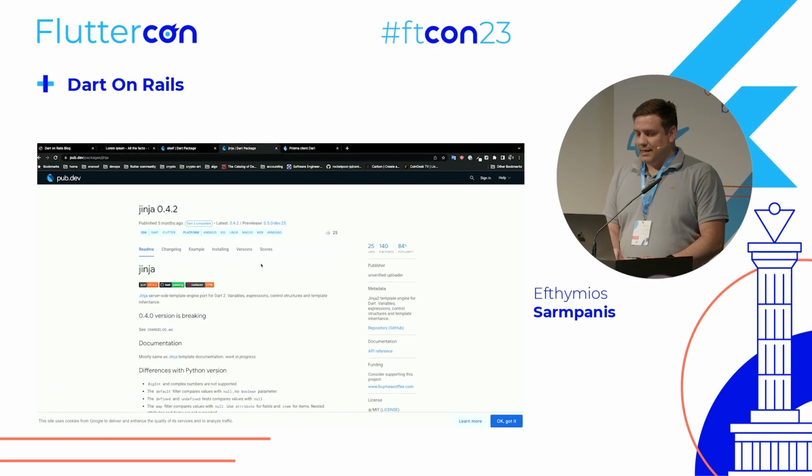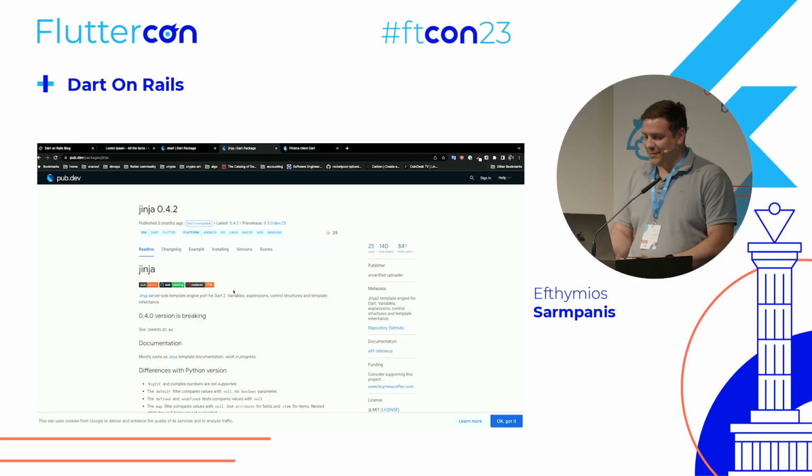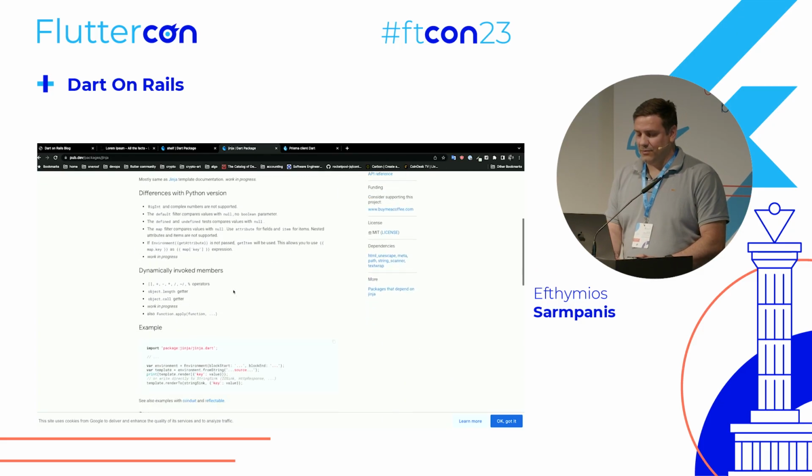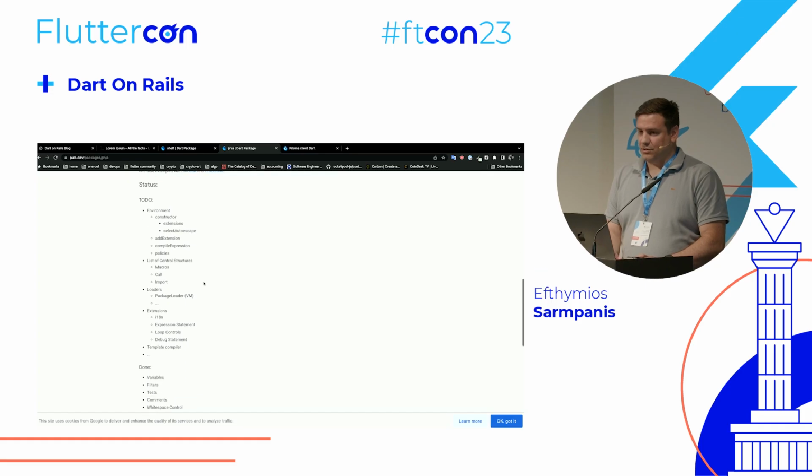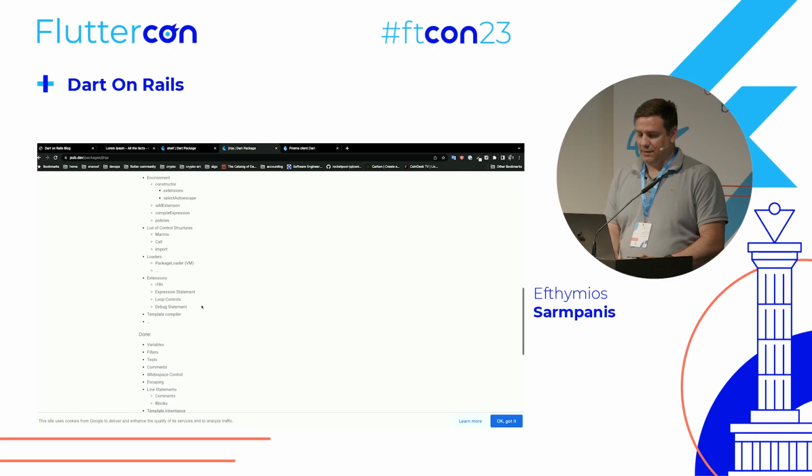Jinja is a template engine that is not quite abandoned, like five months ago, but in terms of Dart, it's not there. But it has the features that I really wanted, so you can see the to-do, it's not done, right? It has a lot of things to do yet.